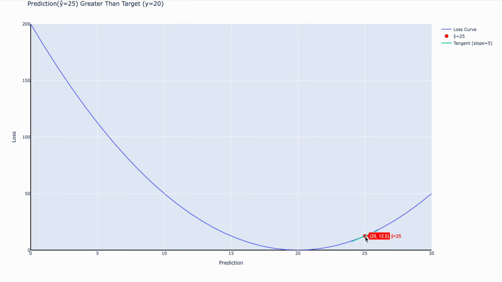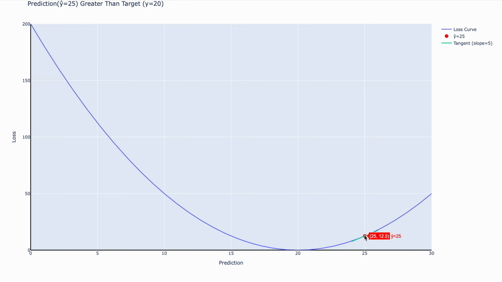So when our prediction is 25, the gradient is 5. That means if we decrease our prediction by 1, then the loss is going to decrease by approximately 5.